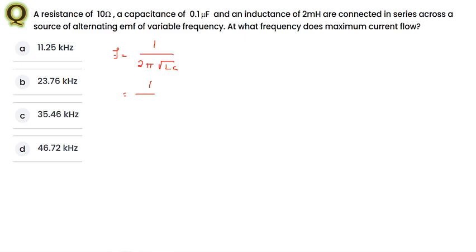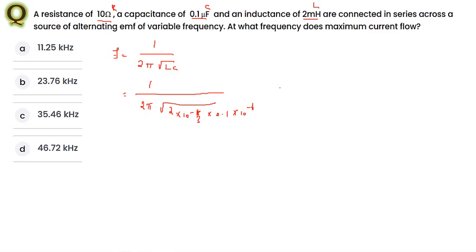This is the resistance R value, the capacitance value C, and the inductance value L. Square root of L value, which is 2 into 10 power minus 3, I'm sorry, 2 millihenry means minus 3, and the capacitor value 0.1 micro means 10 power minus 6.